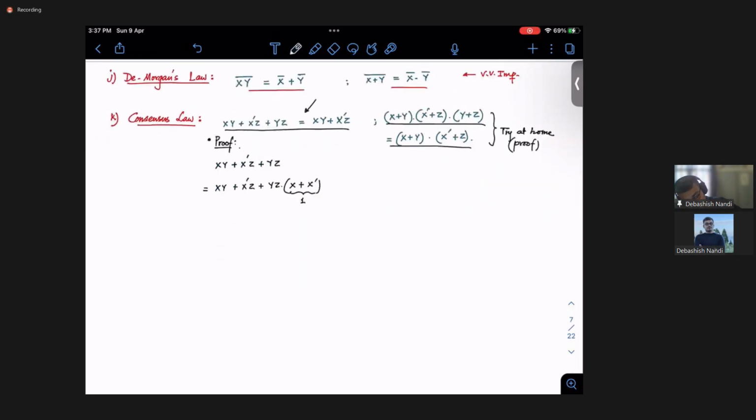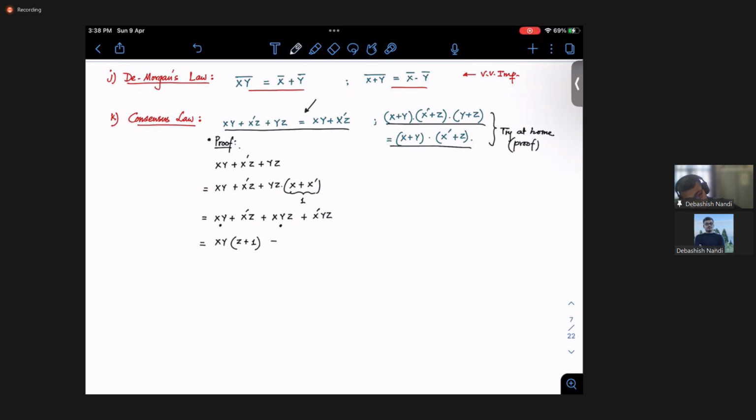So if I now break it down using distributive property, I will have xyz plus x prime yz. Now if I consider these two terms, I take xy common, so I will get z plus 1.